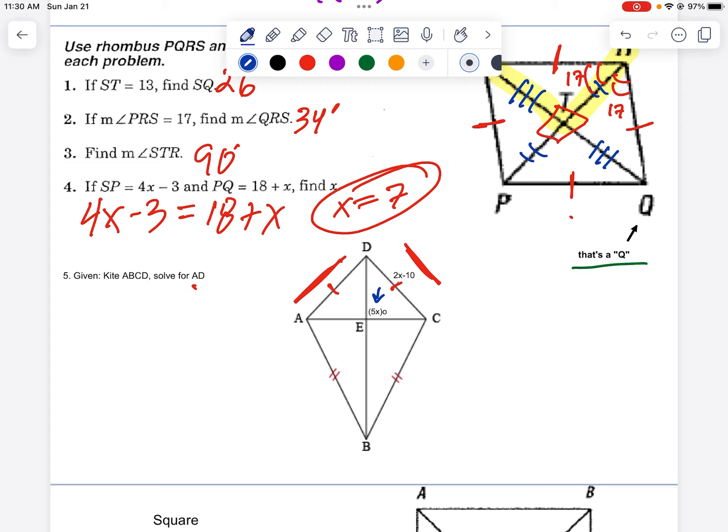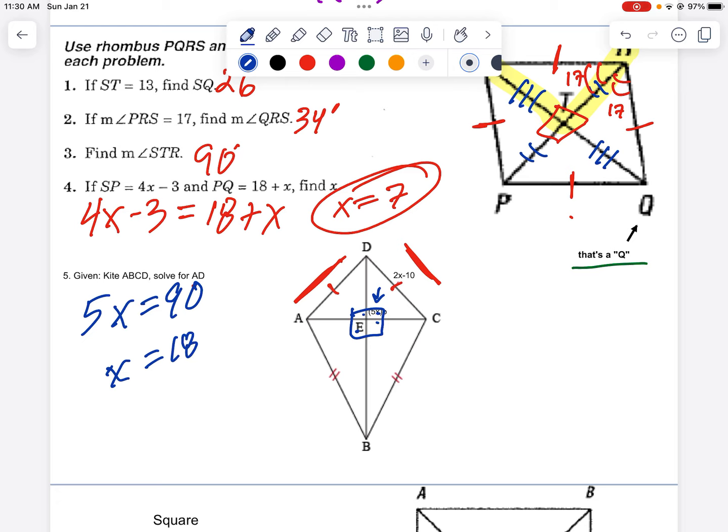Well, check out that 5x, and check out what you know about the diagonals of a kite. The diagonals of the kite form 4 right angles. So I know that this is 90, this is 90, this is 90, and this is 90. So that means the 5x is equal to 90 degrees, which gives me an x value of 18.